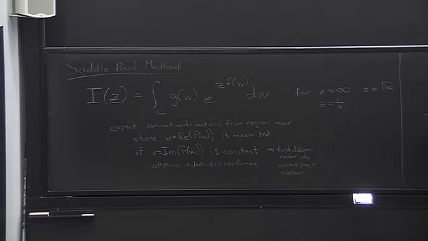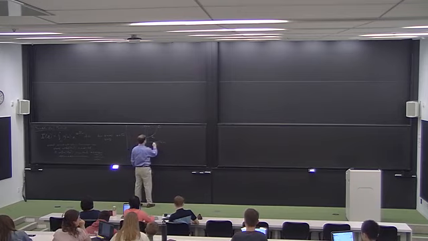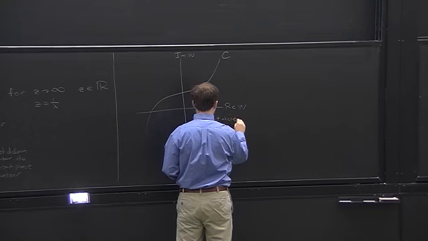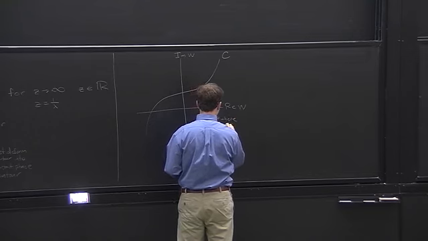And so let's suppose our contour looks something like this. And W naught is the point where U is maximized.